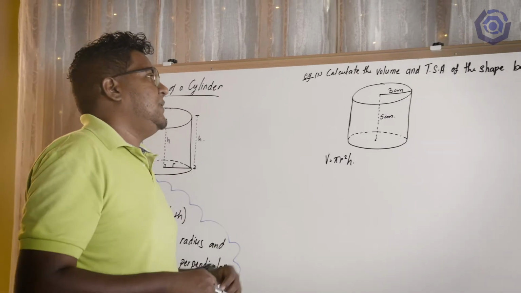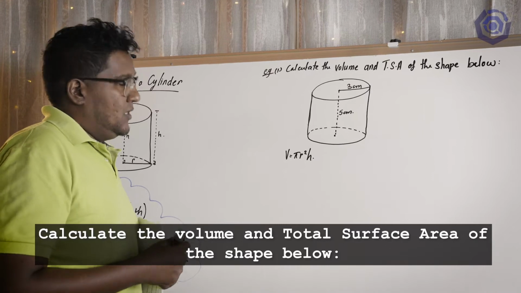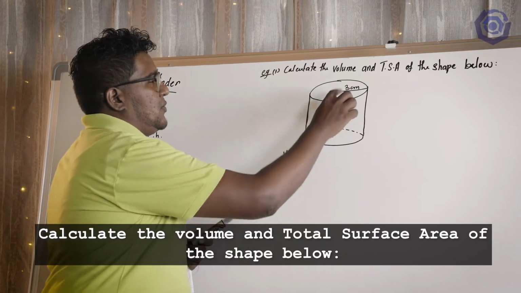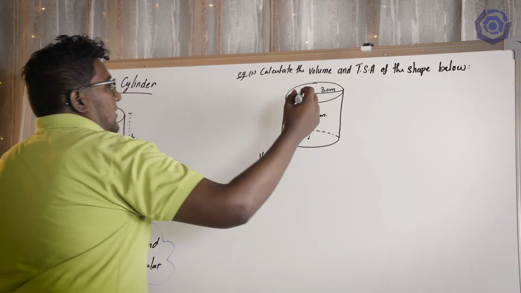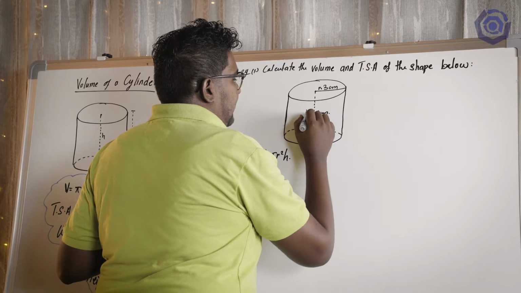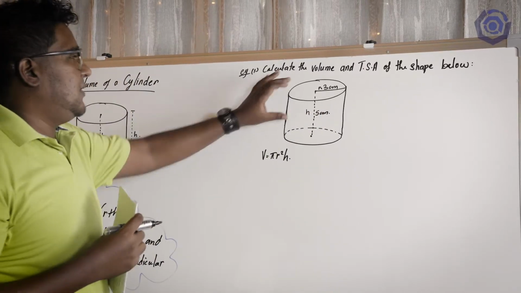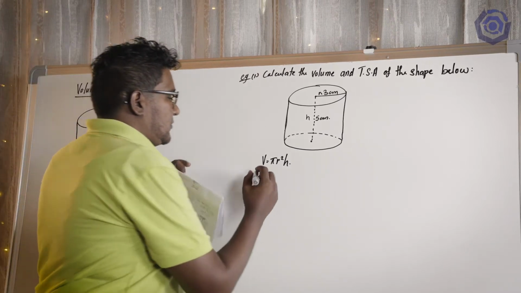So we have an example here. Calculate the volume and total surface area of the shape below. When you look at this shape, you have two measurements. The one up here is our radius, so this is r, and the 5 is our height. Now let's substitute these values into the formula and find the volume.